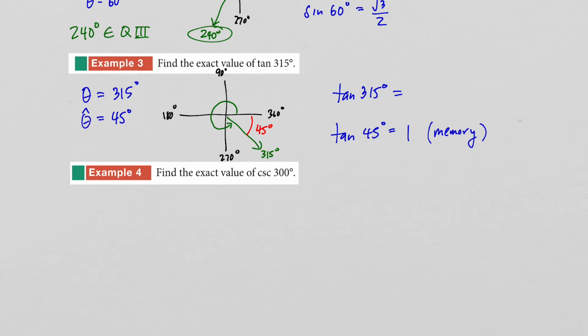We can also see that the angle 315 degrees belongs to the fourth quadrant, and in the fourth quadrant, tangent is negative. So the tangent of 315 degrees is going to be -1.